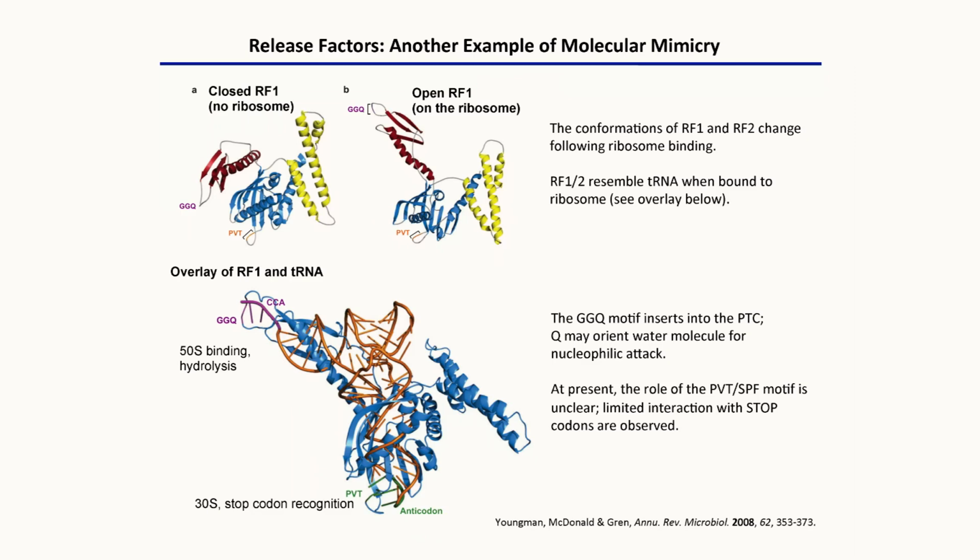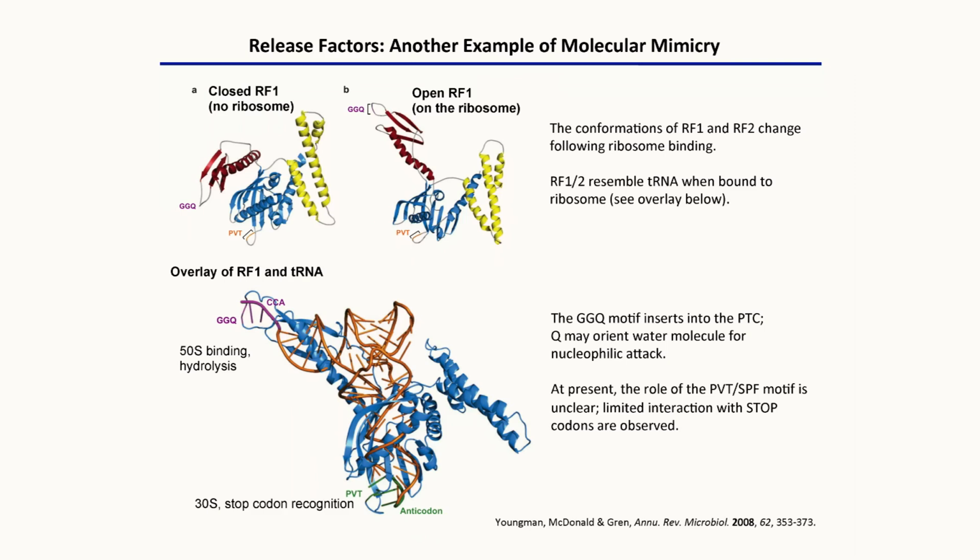And if we use a little imagination, we can think about RF1 resembling a tRNA. Okay? We have this region here that's sticking out. And if we look at an overlay of RF1, so this structure, the ribosome-bound structure, and a tRNA, what do we see? Okay. So we have the tRNA, we have the anticodon end down here.